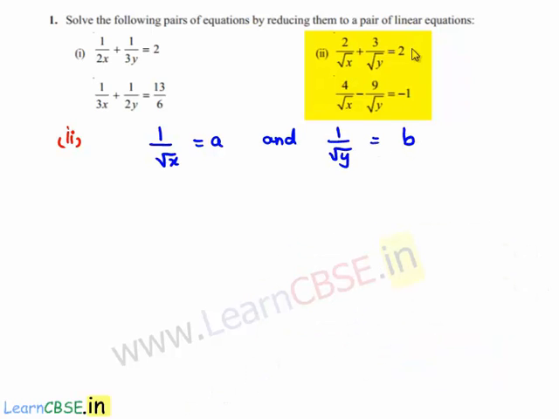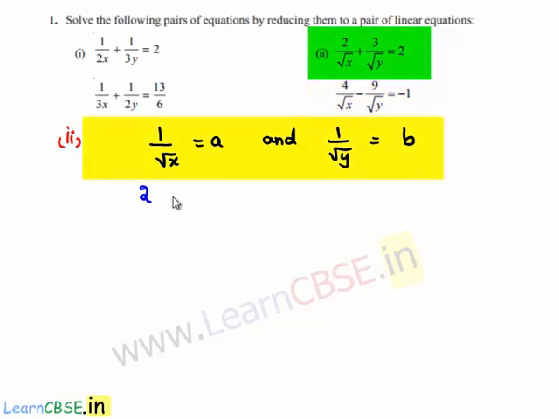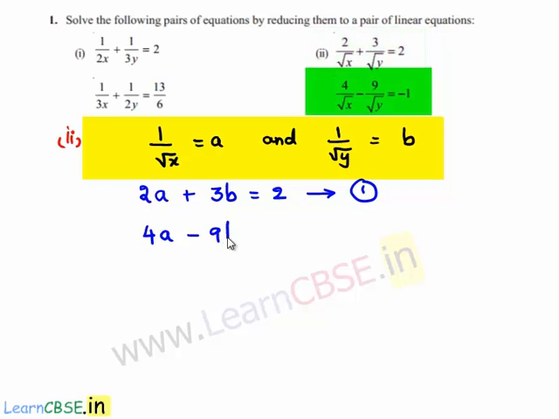So the first equation becomes 2 times of 1 by root x, which is nothing but 2a, plus 3b is equal to 2. Let this be equation number 1. And the second equation changes as 4a minus 9b is equal to minus 1. Let this be equation number 2.